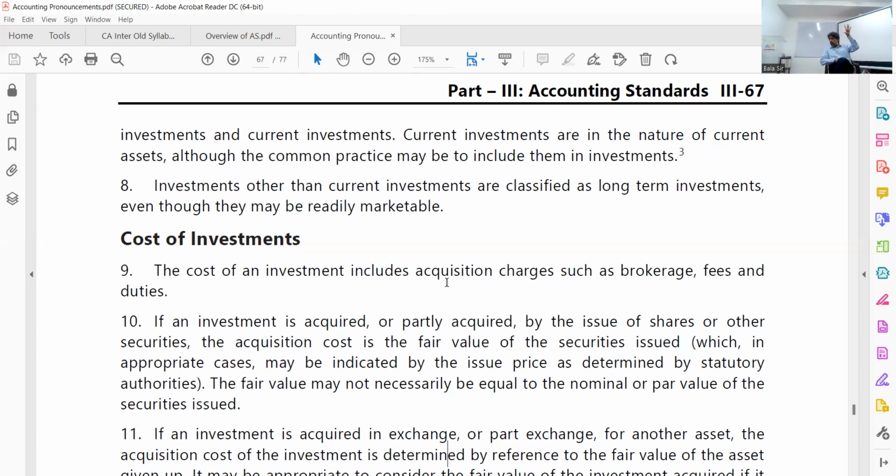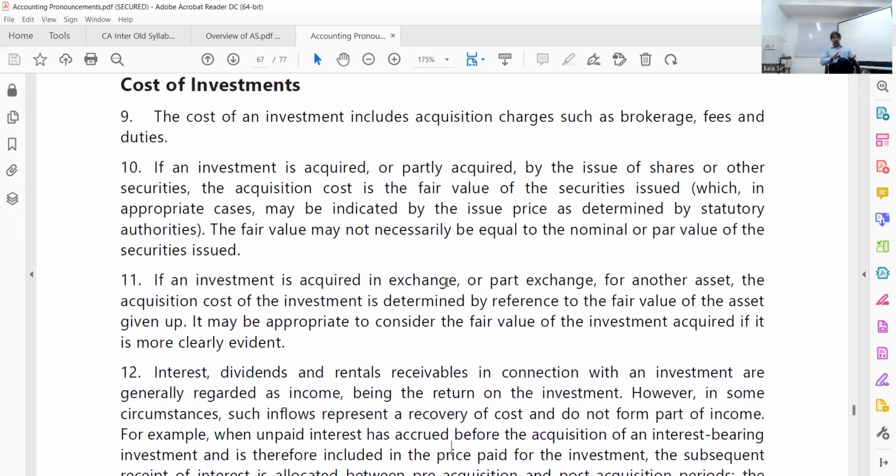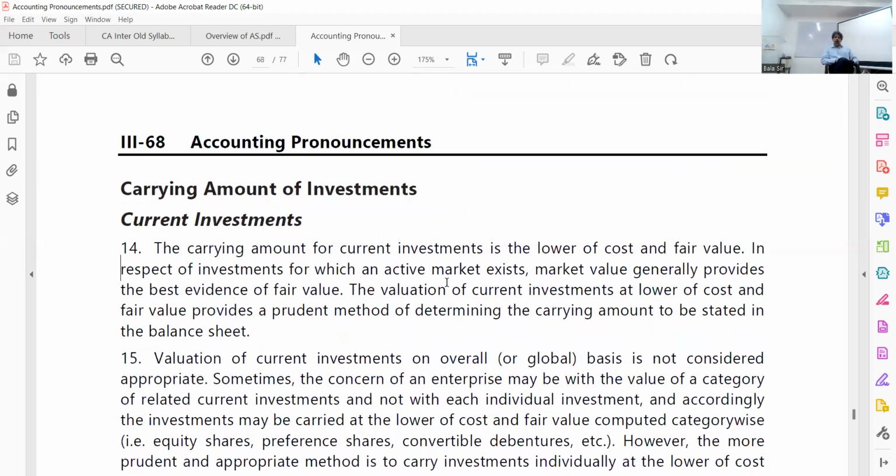Now refer to para 14 and 16, which talk about current investments. What is given in para 14, sir? Read. Carrying amount of investments, current investments. You know what is carrying amount? The amount at which you have to carry the investments in your balance sheet at the end of each year.